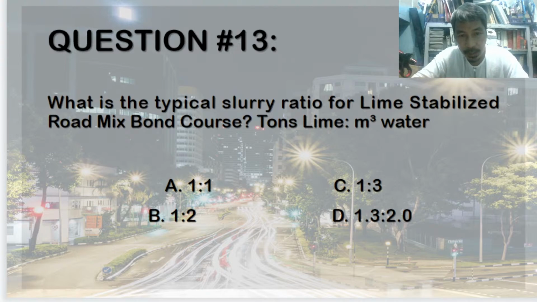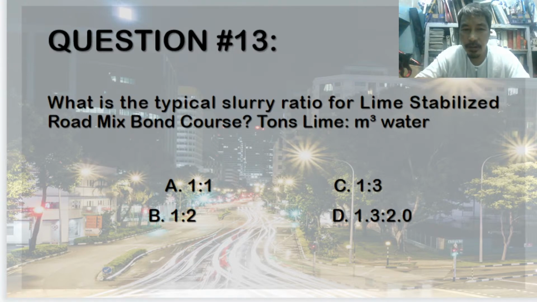What is the typical slurry ratio for lime stabilized road mixed base course? I will repeat: it's too long, but it is lime stabilized road mixed base course. Course meaning mixture.